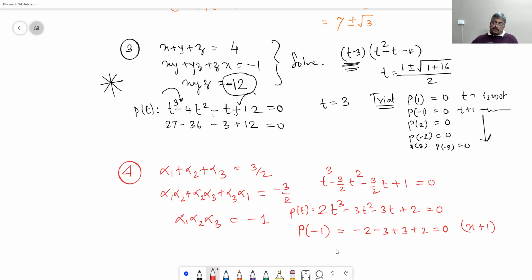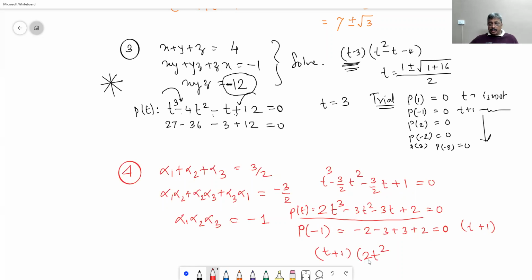If you take t plus 1 as the first factor, then by forcing factor of this expression, you get 2t square.